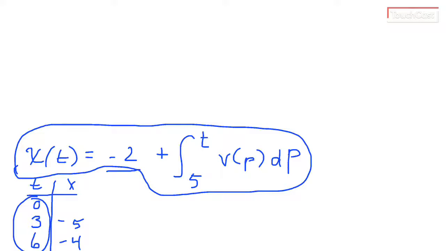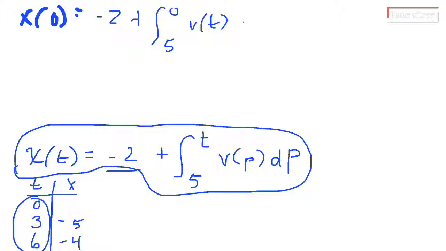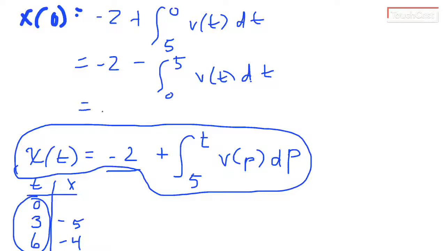Now I'm going to need to figure out x of 0. x of 0 is going to equal negative 2 plus the integral from 5 to 0 of v of t dt, which is negative 2 minus the integral from 0 to 5 of v of t dt, which is negative 2 minus, and then between 0 and 5, I know my area is supposed to be a negative 8 and a positive 3.